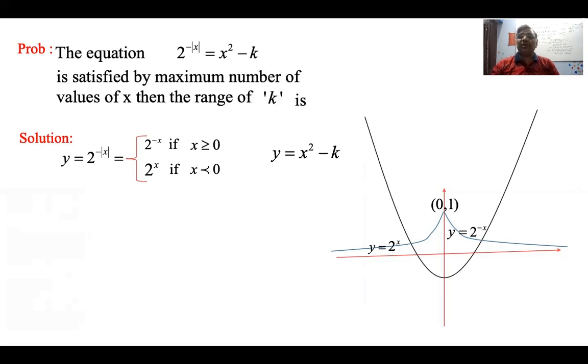The equation is satisfied by the maximum number of x values, which means for these two graphs, the number of points of intersection is maximum, because the point of intersection is the point which satisfies both equations, both sides are balanced, which means that is exactly the solution of that equation. So the solutions are maximum when the points of intersection are maximum.